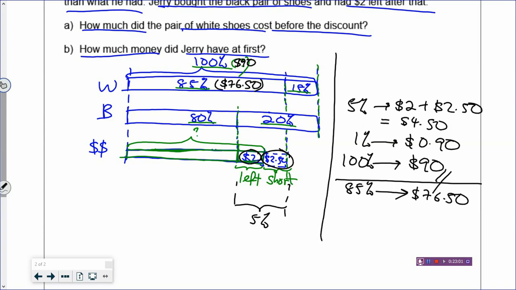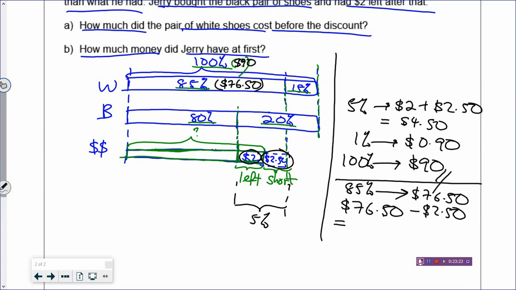Alright? And then how do you find the money that he has actually? You take the money that he needs to buy the white pair of shoes, right? But does he have the money to buy this white pair of shoes? He doesn't have. He is short of what? Short of $2.50. So he doesn't have enough money to buy the white pair of shoes.